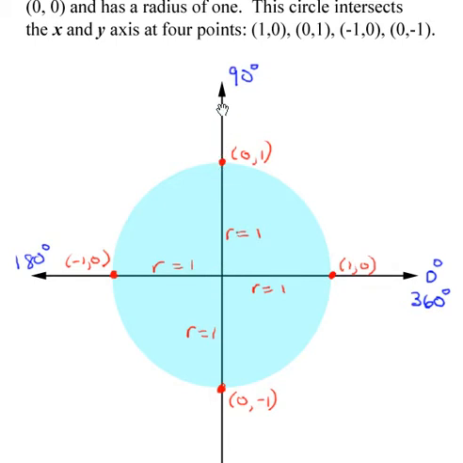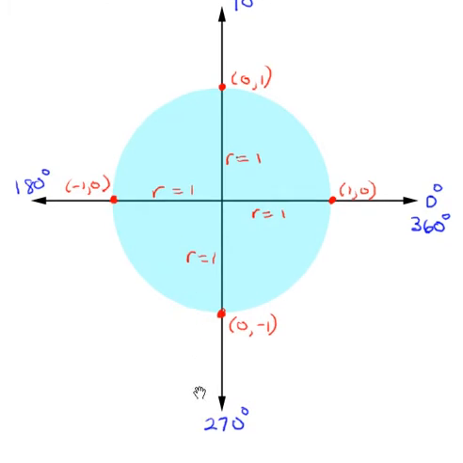Terminal side here on the positive y-axis, that's a 90 degree angle. If our initial side is on the positive x-axis, and our terminal side, after rotating counterclockwise, is on the negative x-axis, that's 180 degrees. If we have an angle starting on the positive x-axis and rotate counterclockwise down to the negative y-axis, that's an angle of 270 degrees.